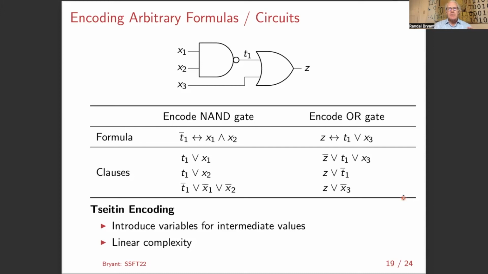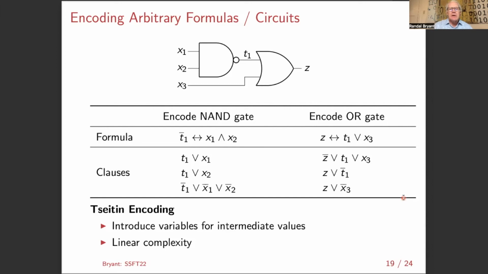And I'll just, for every logic gate then, require that output matches the appropriate Boolean function applied to the inputs in both directions, an if and only if direction. So for example, I say t1 bar if and only if x1 and x2. You can see I get complements for free in this encoding.